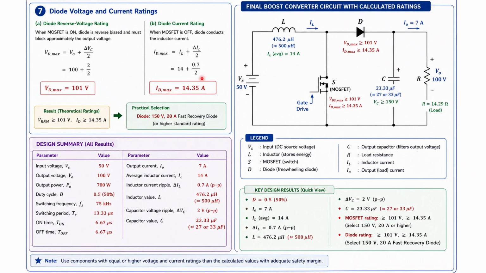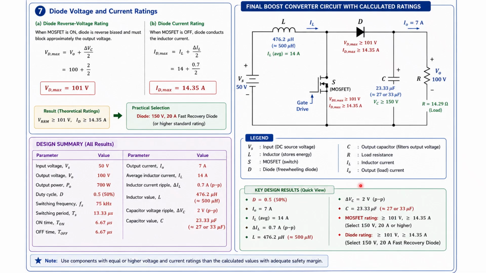Okay, so we have designed all the parameters. This is what our final boost converter looks like. The input voltage is 50 volt, output voltage is 100 volt, output current is 7 ampere, output resistance value is 14.29 ohm, capacitor rating is 23.33 microfarad, your MOSFET rating and diode rating should be greater than 101 volt and greater than 14.35 ampere, both these components, and your inductor value is 476.2 microhenry.